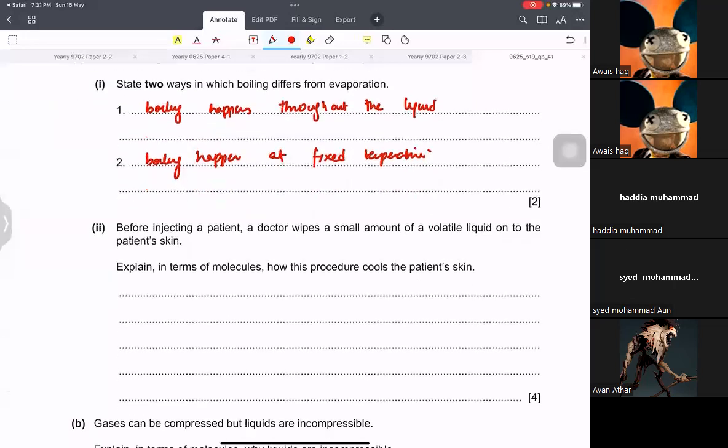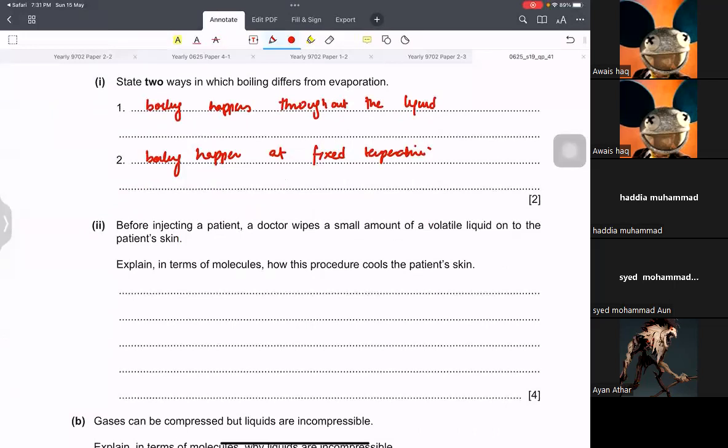Okay. So what happens is that more energetic molecules of the liquid escape. Okay, 4 marks.